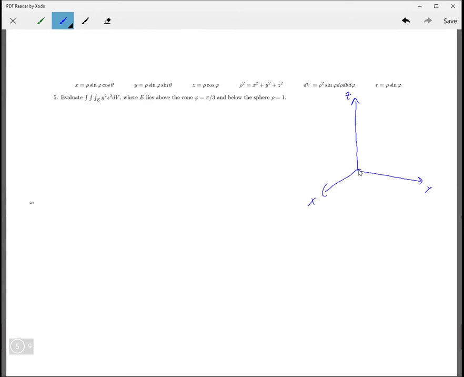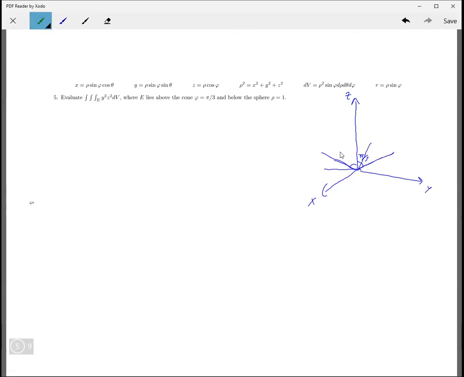So if you come down to an angle of pi over 3, all the way around, you're going to get a cone coming up here.